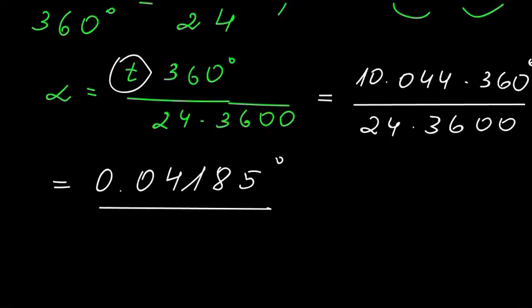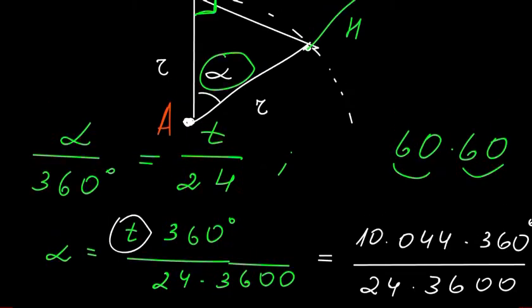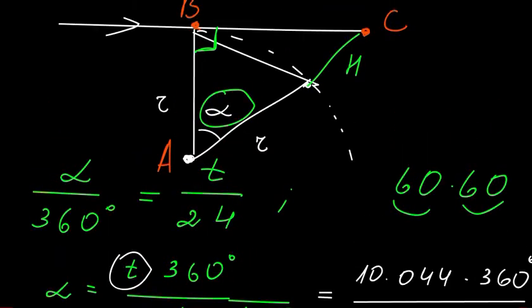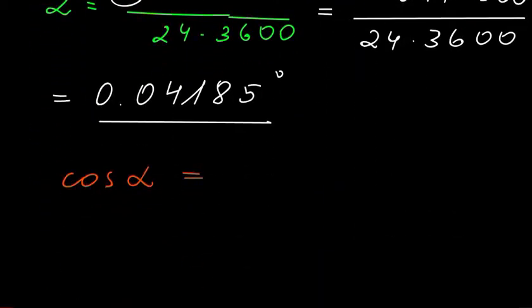So we can write that cosine alpha is equal to, since this is a right triangle, this leg divided by the hypotenuse, r plus h. So this is r divided by r plus h. From this we can express our r and get our final answer.